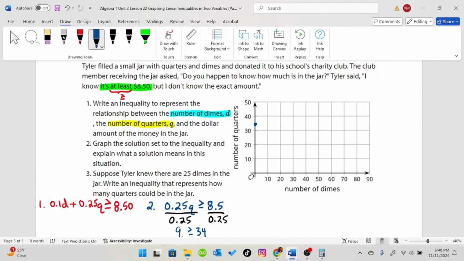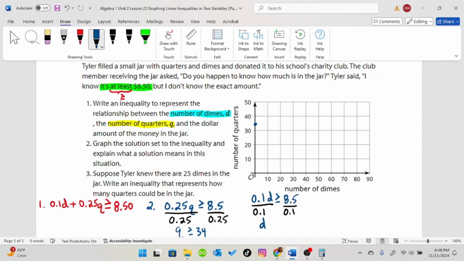Now we're going to do the opposite. If there were no quarters, we would have 0.1D is greater than or equal to 8.5. The opposite of multiplying by 0.1 is dividing by 0.1 on both sides.